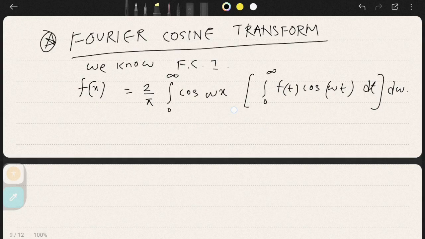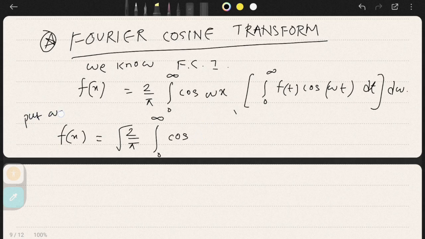So we have to include this term inside the integral. So both are inside each other, you can say. So you can also write it like this, making it two terms, that's it. Same, and put omega equal to s. Just a change of variable. Nothing is new. Dummy variable.